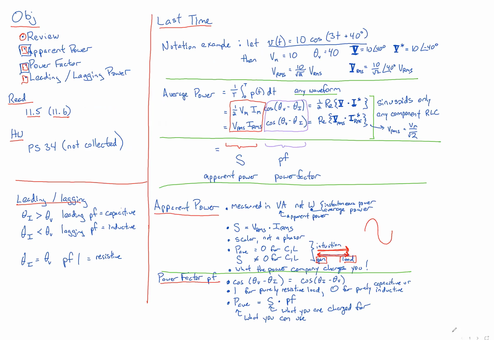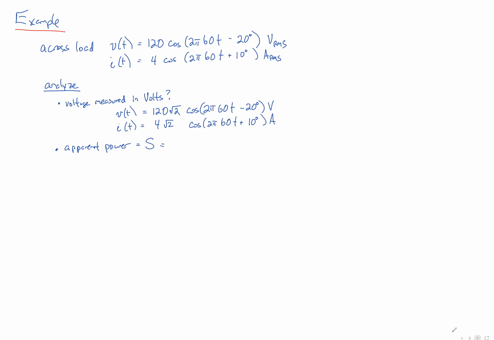VRMS times IRMS. That's it. So the VRMS here is now a scalar, it's not changing in time, so it's going to be just 120 times 4. Let me write the parts out. VRMS times IRMS equals 120 times 4 equals 480.